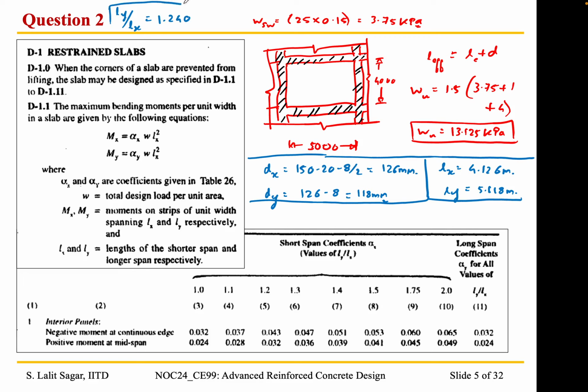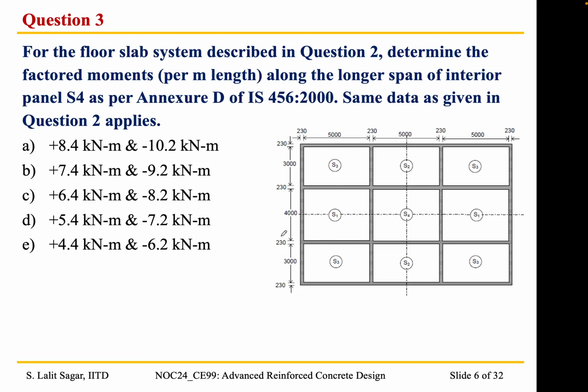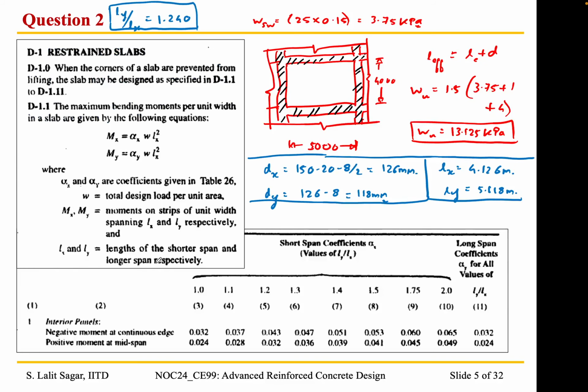This 1.240 value is going to help us in finding out the bending moment coefficients. Since we have taken the interior panel, corresponding to different values of Ly by Lx, we can determine the bending moment coefficients. Okay, do we have space? I think we need to manage somewhere here only.